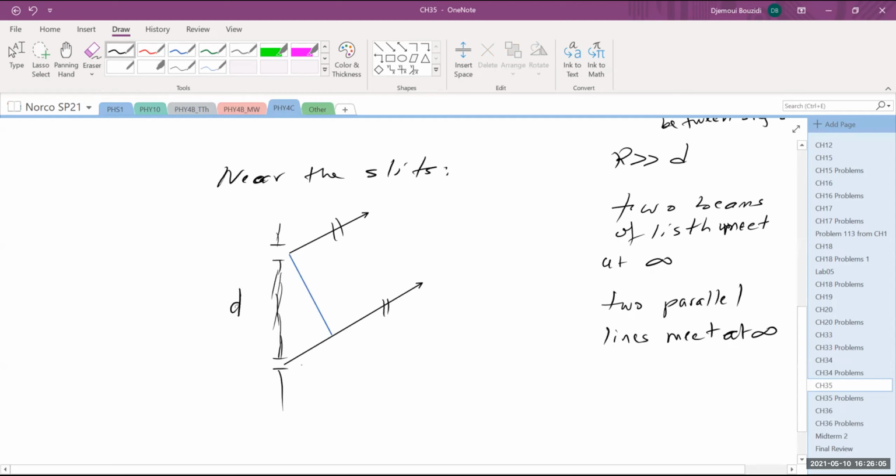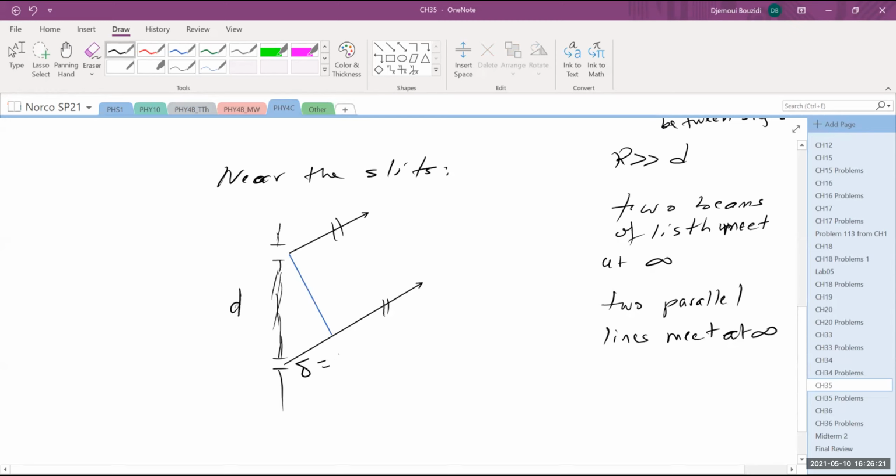But this is the only difference between the two. This is how far the second one travels compared to the first one. So this is actually what I meant by delta, which is the difference between the first two as they meet.